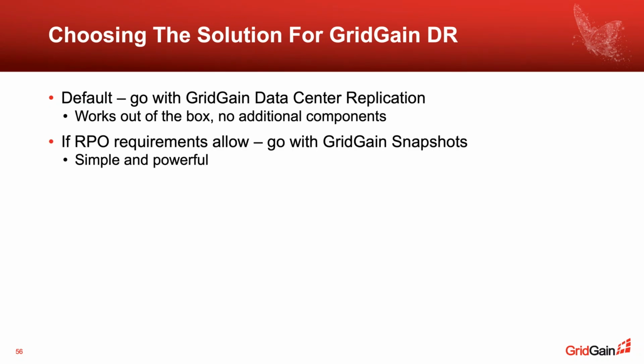If you have very low RPO requirements, and hours for RPO is not a usual requirement, but if you can allow that, for example, if you can lose some of the data, or if you have the data for the last several hours stored in your upstream system and which can be replayed, then you can go with GridGain snapshots for a backup-based solution.